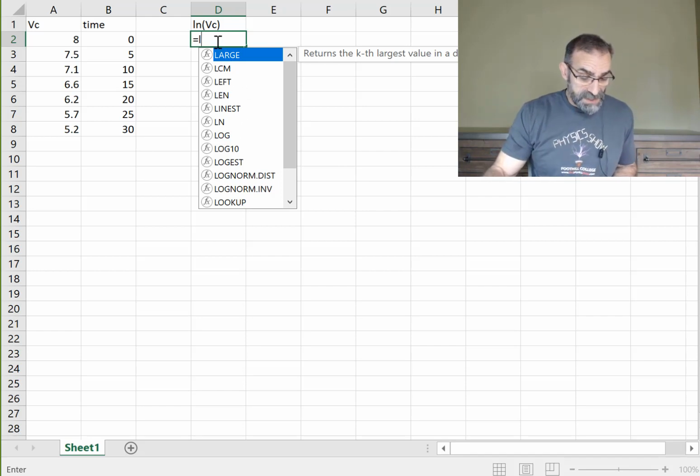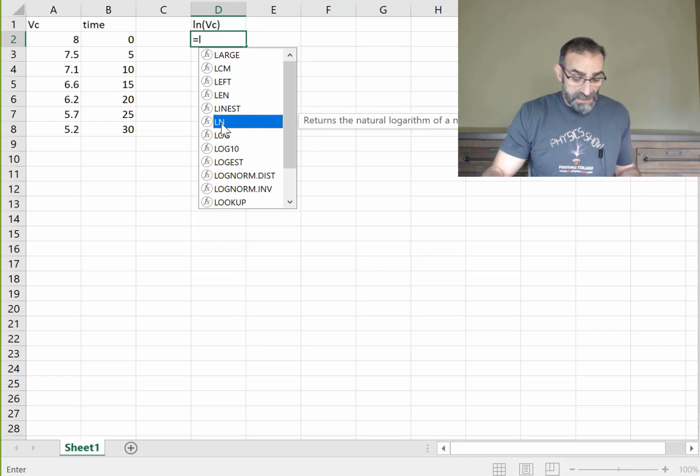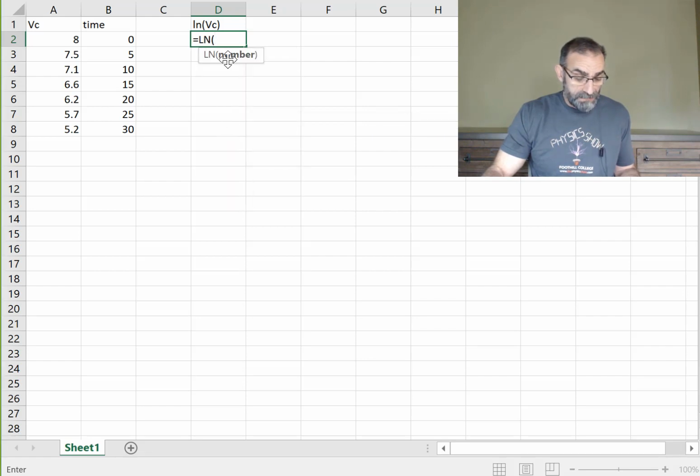I just start typing in what I think the formula is going to be. I just typed an L there, and all these functions come up that start with L. Linus is one that we're going to use later, but not right now. There's natural log. There's log base 10. There's this log, I don't know what that is. So I'm going to click natural log. It says returns the natural log of a number. Okay, that's what I want. So I'll click on that.